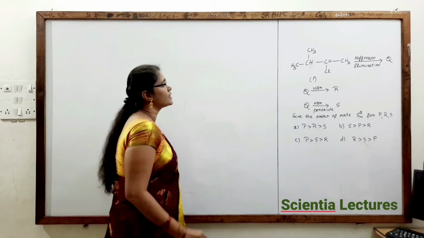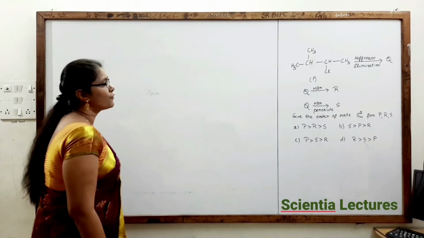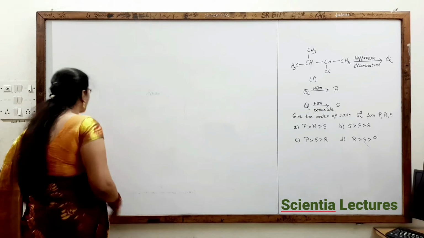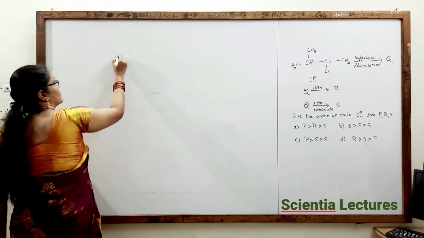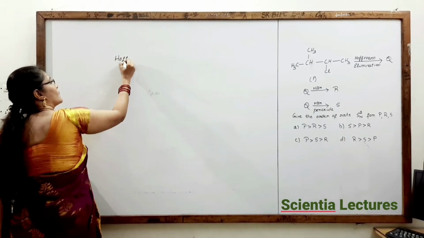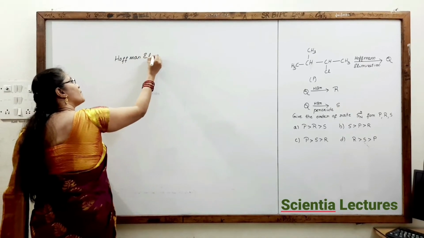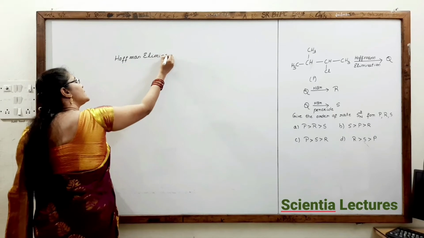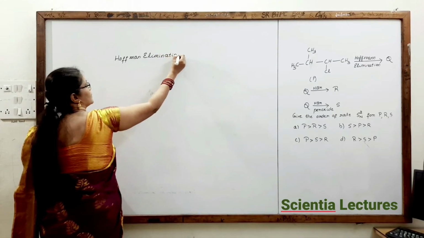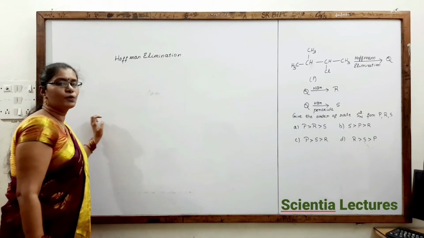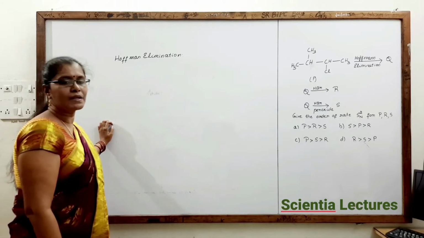Now let us check this reaction. First of all, let us see what is Hofmann elimination. In the E2 mechanism, we have got 2 kinds of rules: Sedgwick's rule or Hofmann's rule.